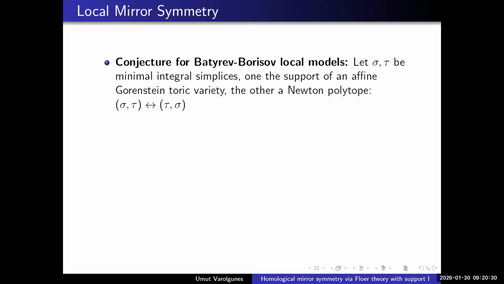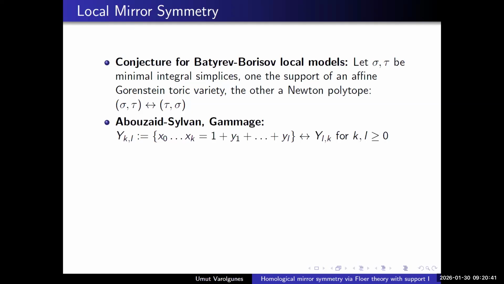Anyway, these two play two different roles, and mirror symmetry is supposed to exchange them. But I want to talk about the case that's easier to talk about, where these minimal integral simplices are unimodular. So that corresponds to these spaces, where the x_i are complex numbers and the y_i are elements of C star, or K versions of that.